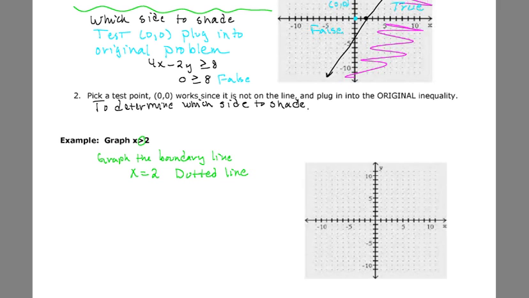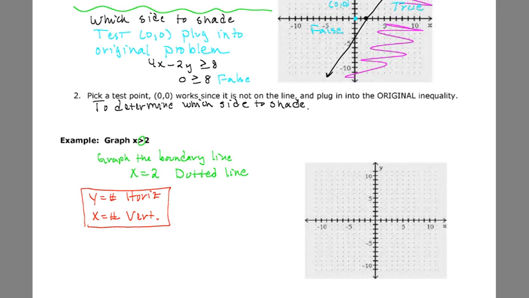Now let's recall something from earlier in this semester. This is a real simple equation to graph. I just need to recognize a couple of things. Earlier, if we saw an equation y equal to a number or x equal to a number, we said that they were two specific types of lines. Y equal to a number was a horizontal line. X equal to a number was a vertical line. Those are easy to draw if I can recognize the format.